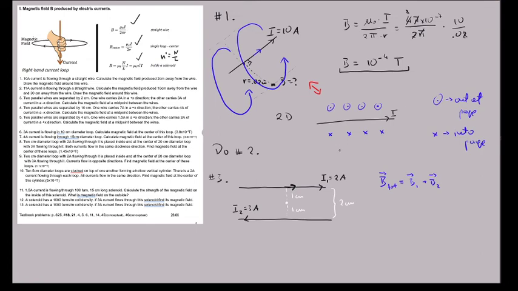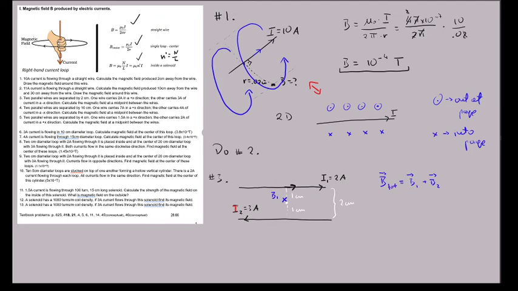You're going to find that the magnetic field comes out of the page and then goes into the page at this location. So I'm going to put a little X. And this is B1.